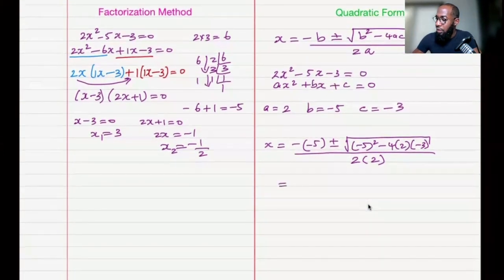We're simplifying now. When you're multiplying same signs, it's positive. So we have 5 here, plus or minus the square root. -5 squared is 25, right? When you're multiplying two different signs, it's a minus, and two same signs, it's a plus. 4 2s are 8, 8 3s are 24.